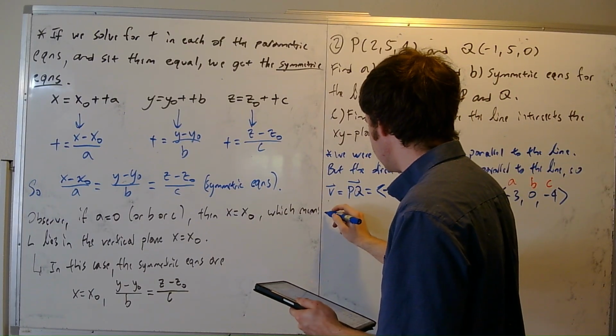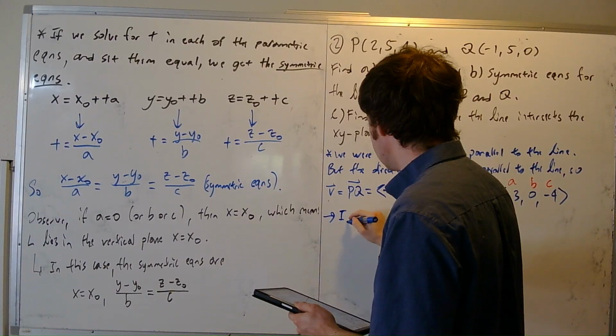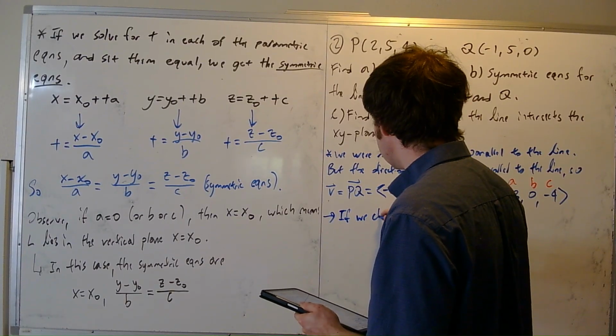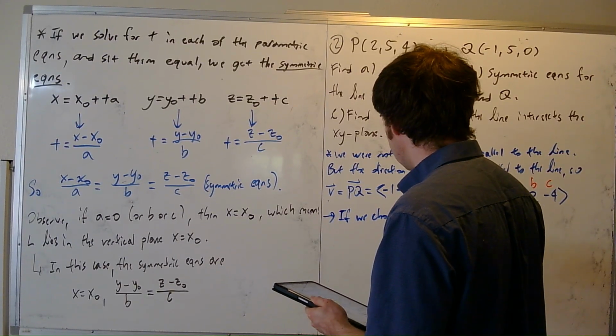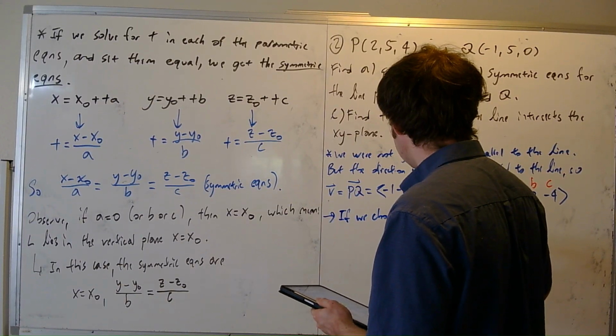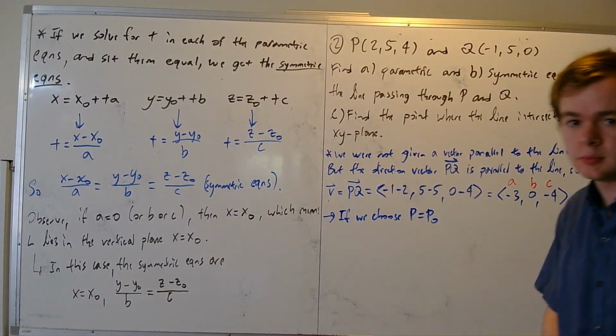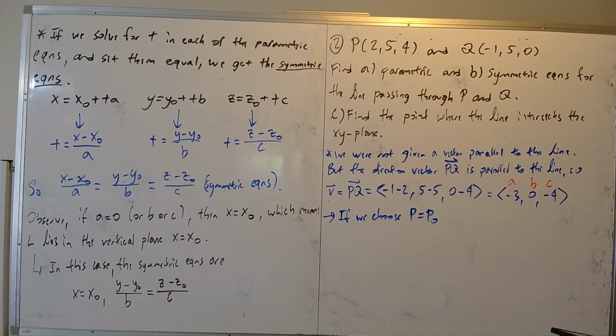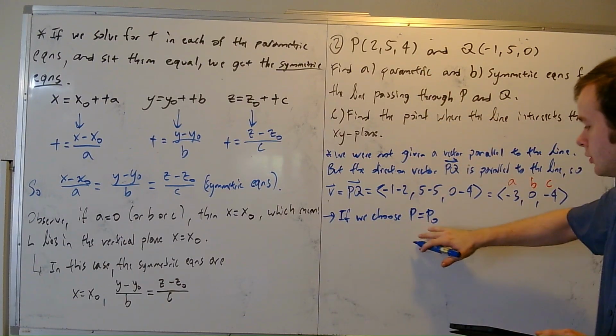So I'll say here if we choose P equals P0, so you could choose Q to be that point, but it didn't matter. So we'll just pick P to be the point P0.